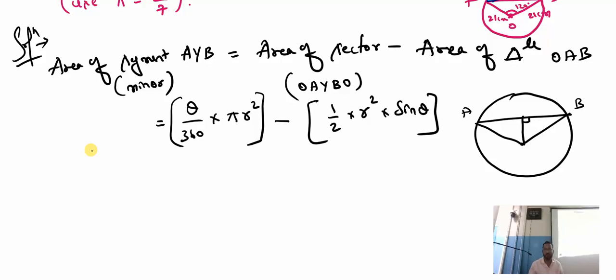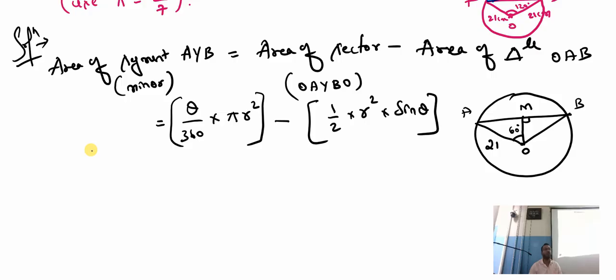Let me mark that point as M. Now, I have got a right angle triangle OMB or OMA. In this right angle triangle, I know the value of this 21. I know the complete angle is 120. Then half angle will be 60.